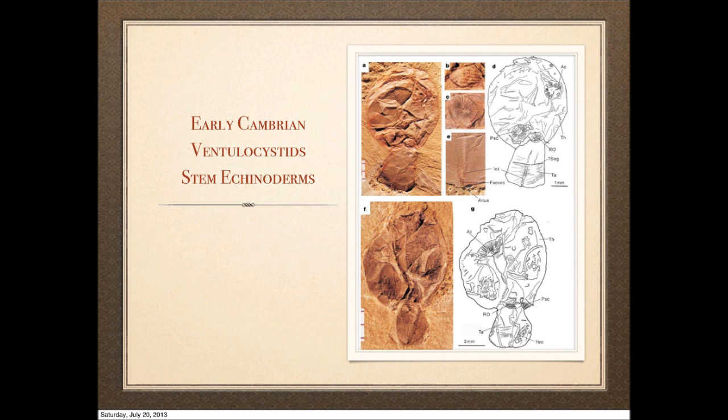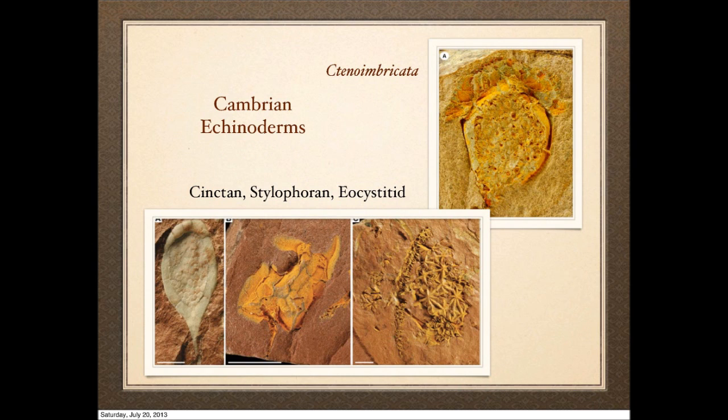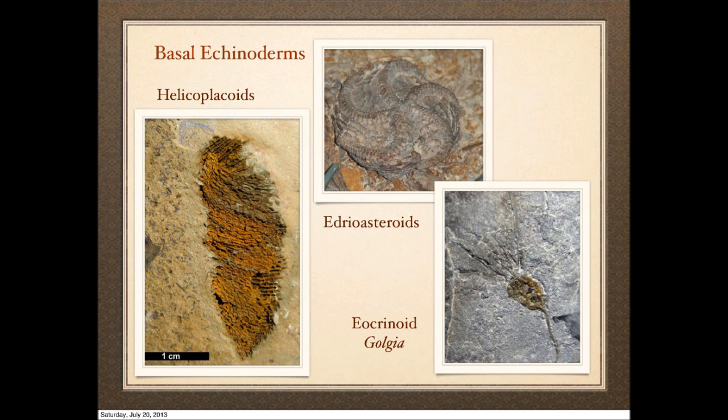And if you look at the first echinoderms, they're really weird. These don't look like starfish and echinoids or other modern echinoderms. They're these kind of sac-like or flat two-dimensional organisms that lay on the seafloor, covered now in these calcite plates. These are other early echinoderms. It's not until a little later in the Cambrian that they actually start showing this five-fold symmetry that we recognize as characteristic of echinoderms.